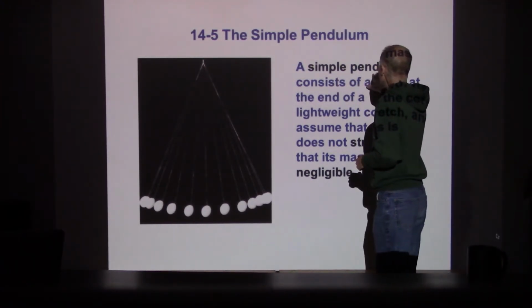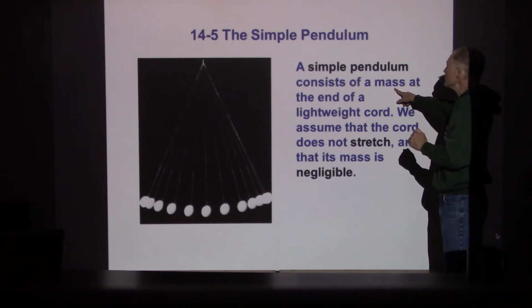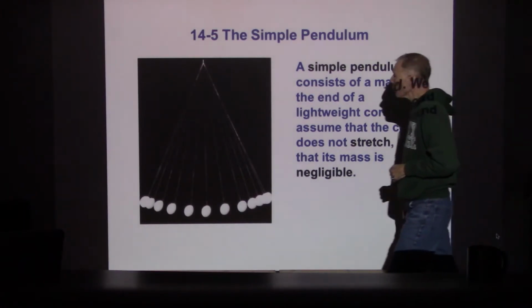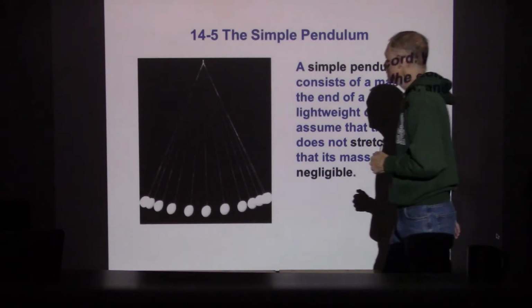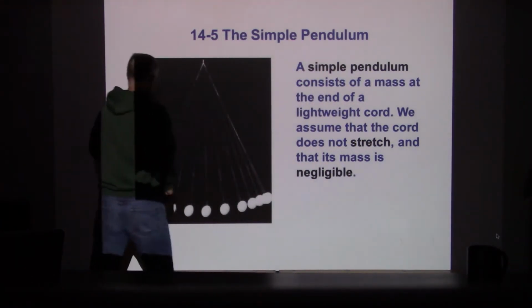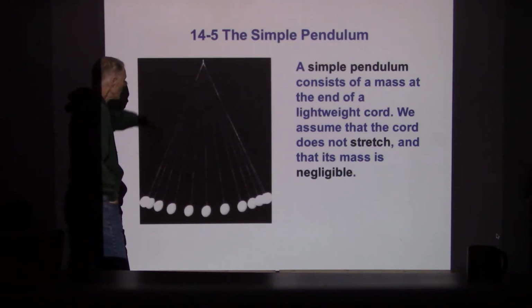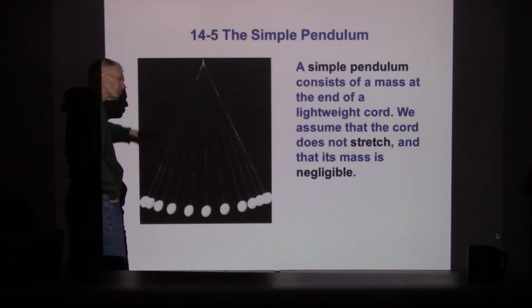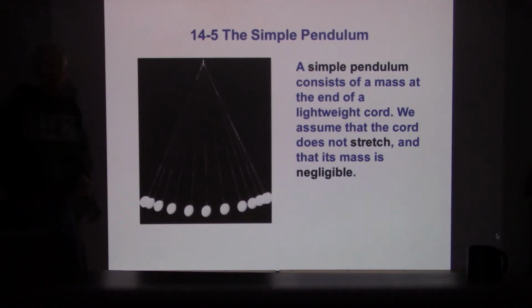So a simple pendulum consists of an object with some amount of mass at the end of a lightweight cord. The reason this is a simple pendulum is we're assuming the mass of the string can be neglected. Now notice the string has to be sturdy enough that it maintains a straight direction.